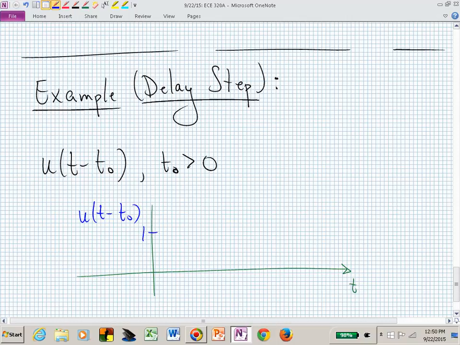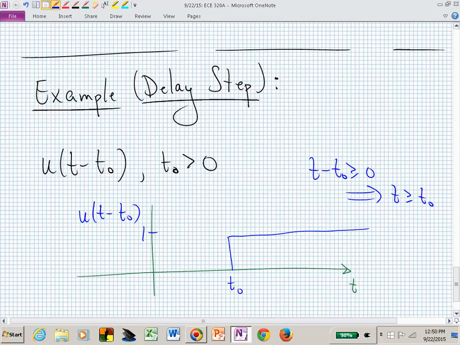When t minus t naught is greater than 0, so now this is going to be t minus t naught non-negative. That means that t is greater than or equal to t naught. Wherever t naught was, it's only going to be 1 for values of t bigger than t naught. That's supposed to be a flat waveform at the same constant value.